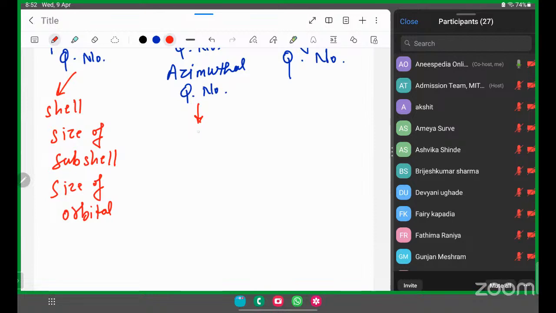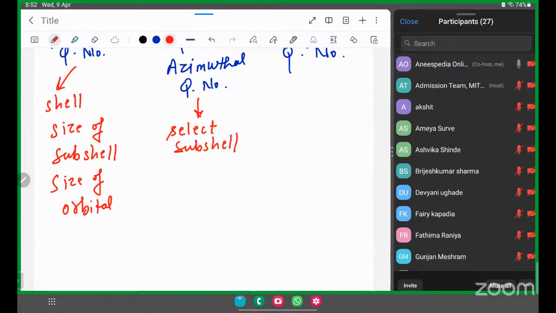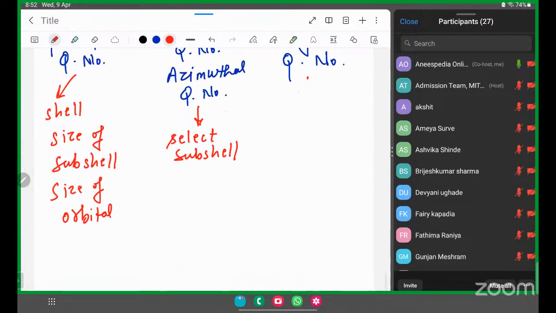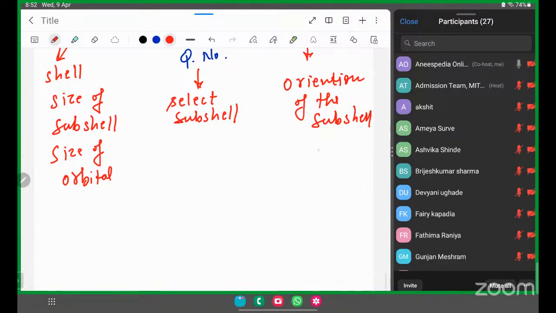So this helps us select a subcell inside a cell. And the magnetic quantum number is about the orientation of the subcell, and hence the orbital.